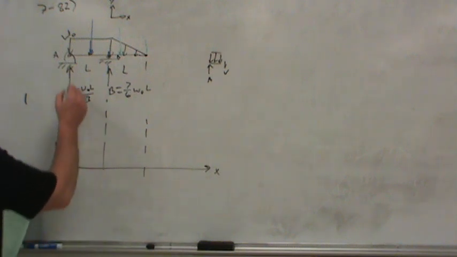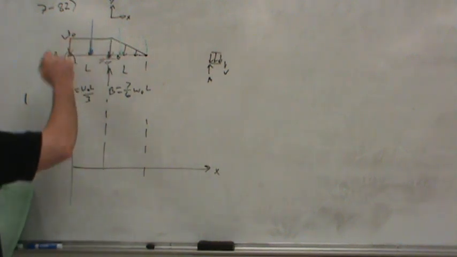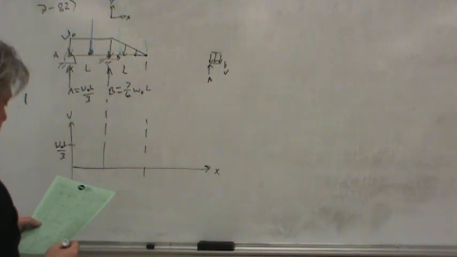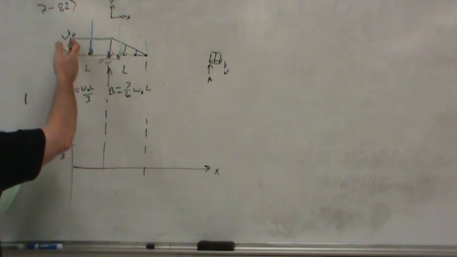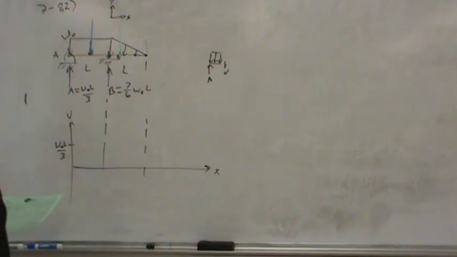Now, the shear decreases linearly at a rate of W naught, right? So how much length do we have to accomplish before the shear goes to 0? Well, 1/3 of the length, you see that?